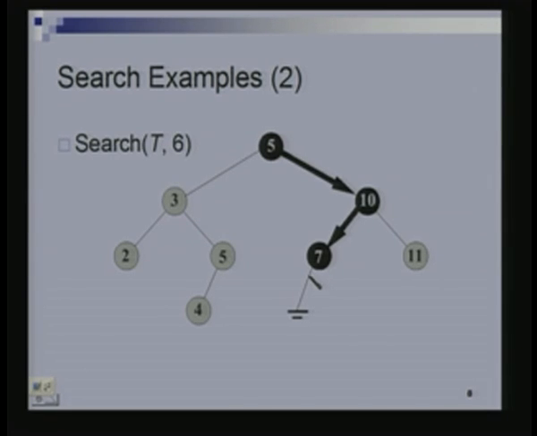Any question? So 6 could have been on the right side of the 5 of the left subtree. Sorry, let us see, what are you trying to say? Just one second.